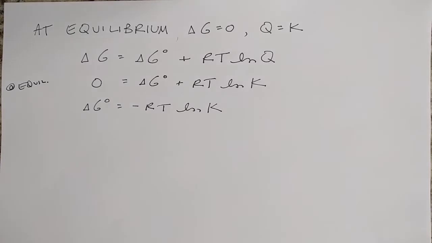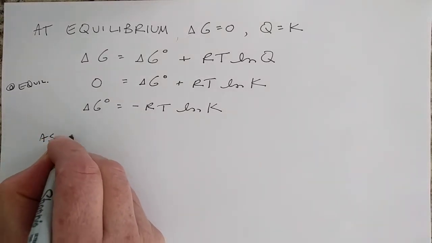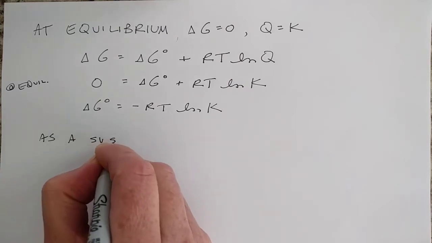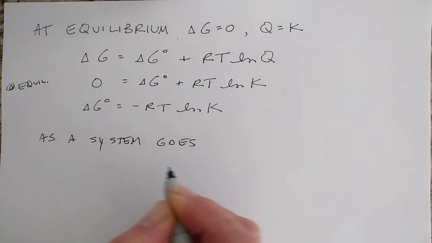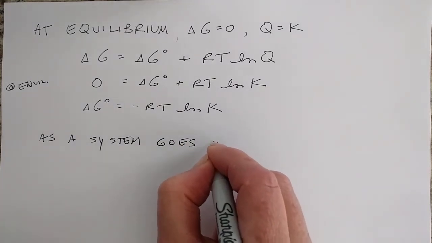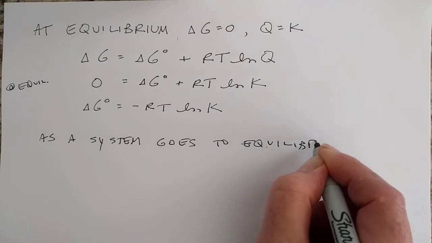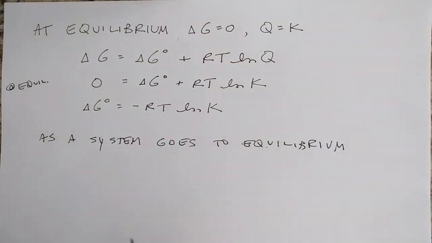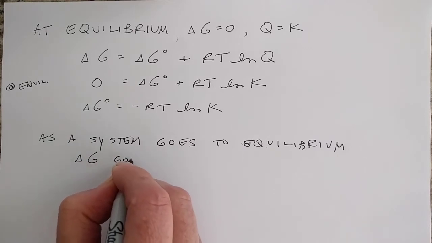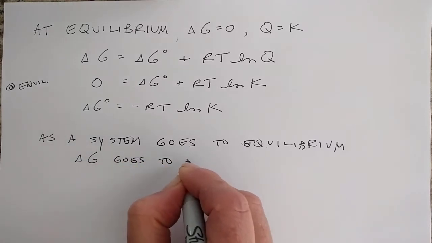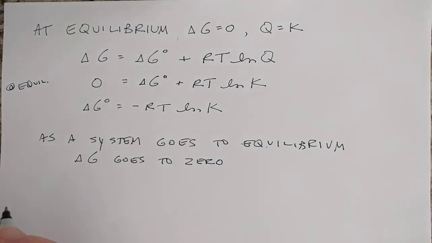All right. Now, as a system goes to equilibrium, as we know, if we're out of equilibrium, we're going to go to equilibrium. So as the Q goes to the K, delta G goes to 0. It is 0 at equilibrium.